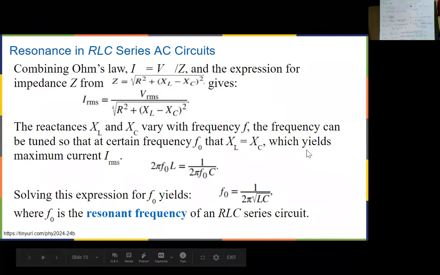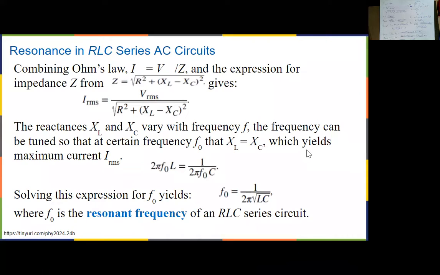Now, for the impedance in an RLC circuit, we see that Z is equal to the square root of R squared plus (XL minus XC) squared, right? Now, there's an exception here when XL might be equal to XC, because XL is a function of frequency, XC is also a function of frequency. So if you can have those two equal to each other, then in the denominator, R squared is constant, okay?